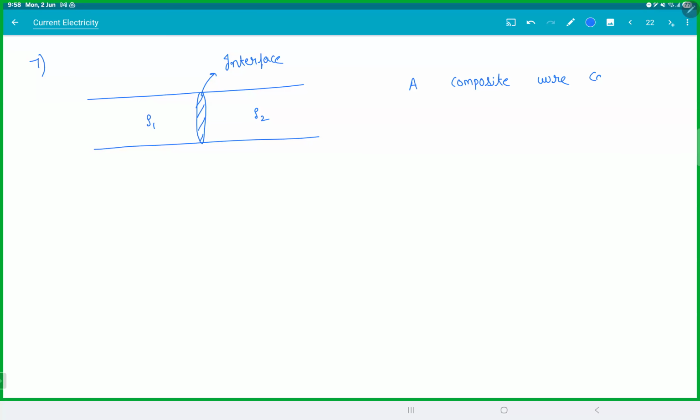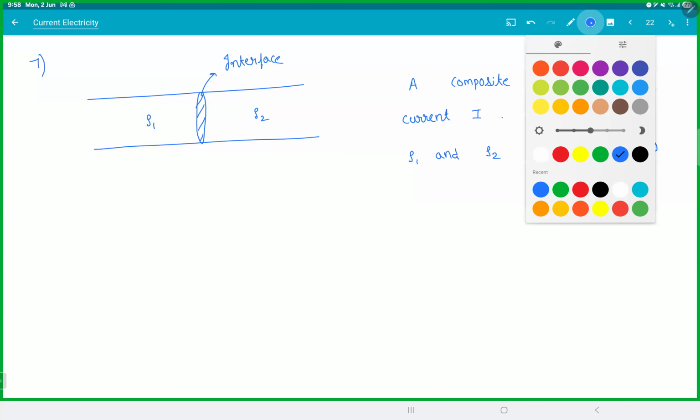A composite wire carries current I. ρ1 and ρ2 are resistivities. So current is I.